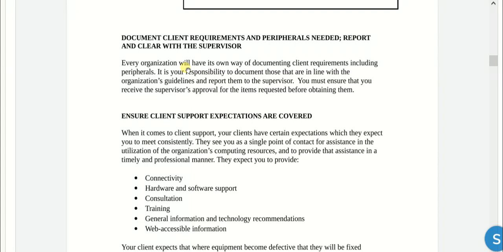Next, we have ensure client support expectations are covered. If you are carrying out a particular job for a client, there are certain expectations that the client has. Let's look at Flow. You would go to Flow and you want an internet connection.